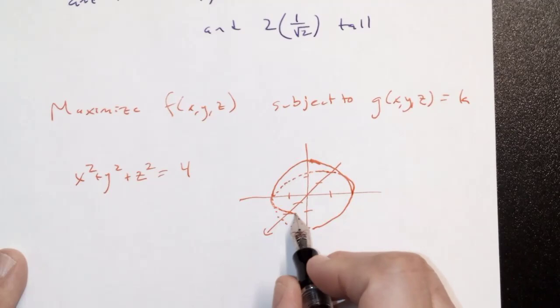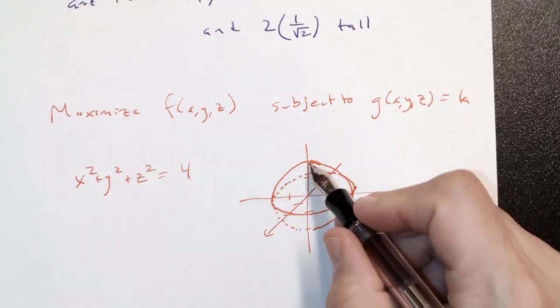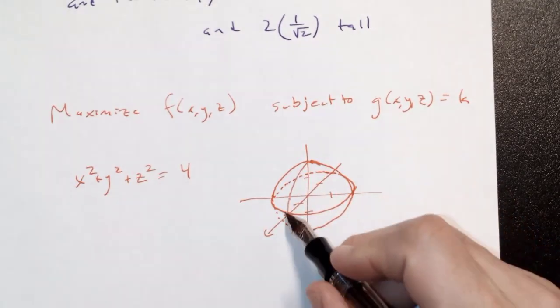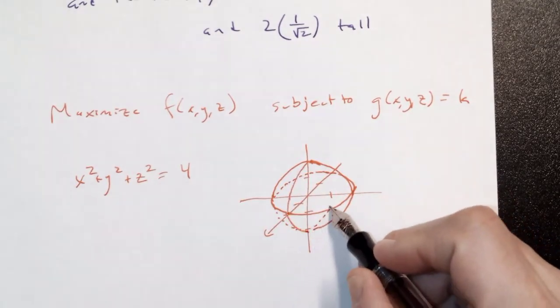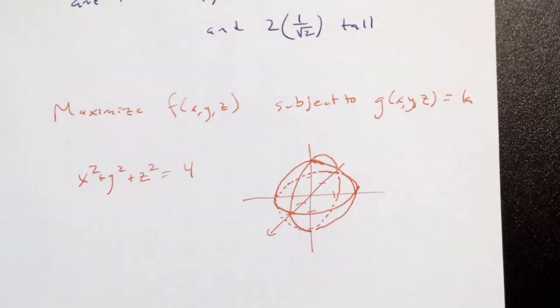So there's my sphere of radius 2. I'm a crap artist, but there's my wireframe sphere of radius 2.